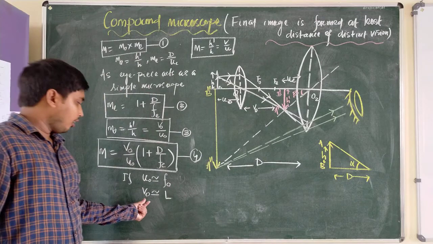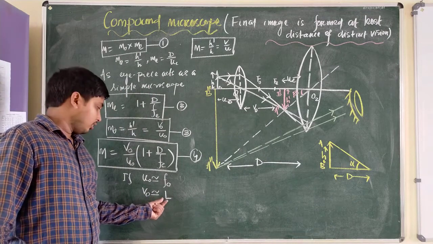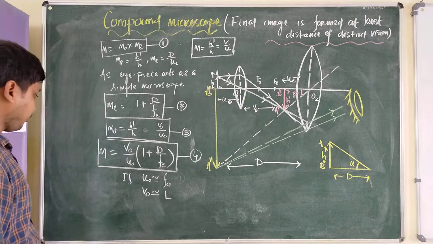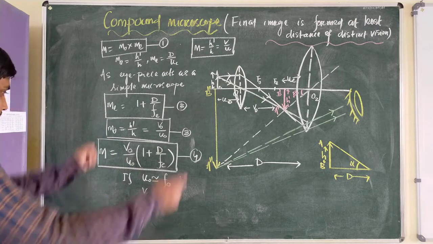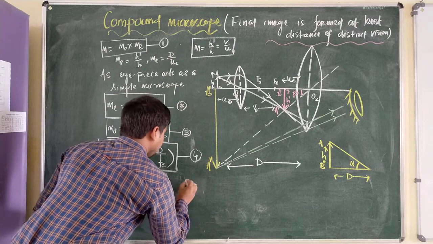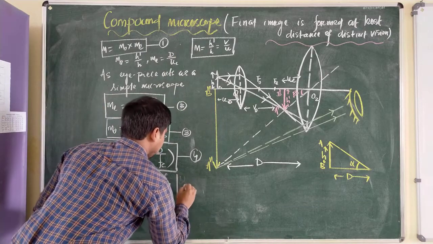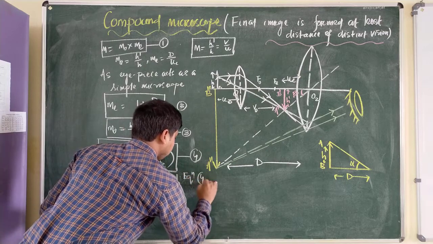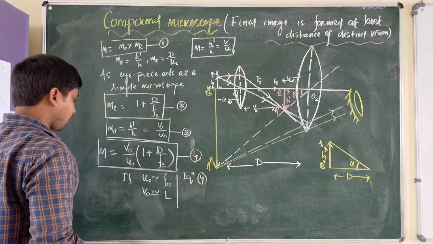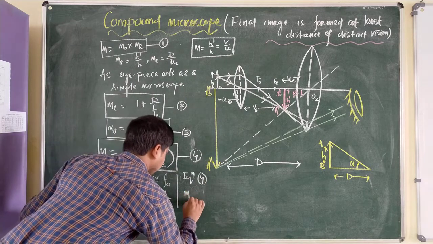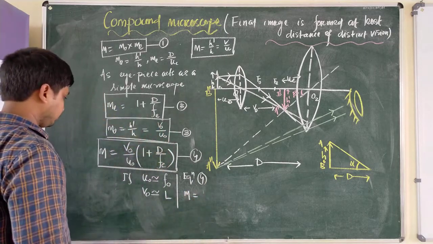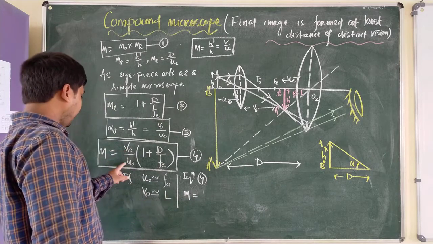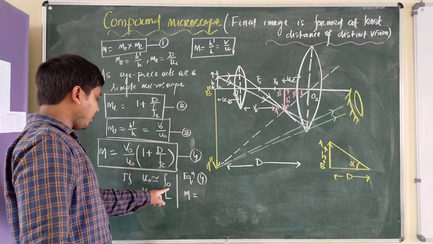So our image distance will be replaced by the length of the tube, L. Then equation 4 will now become M equal to, in the place of VO we write L, and in the place of UO we write FO.